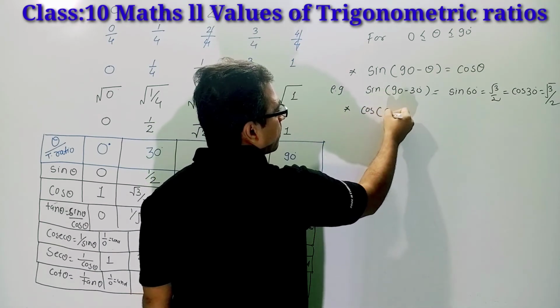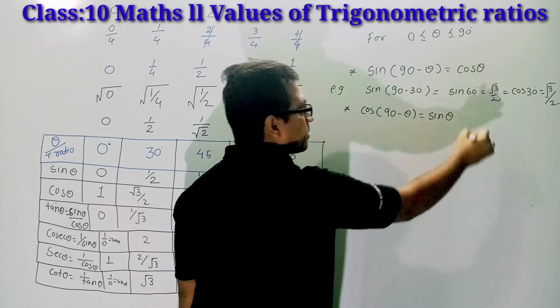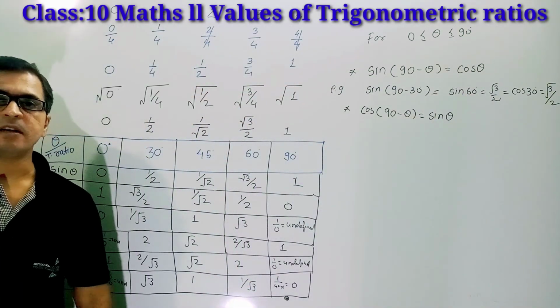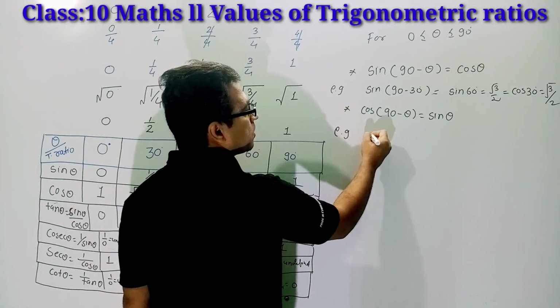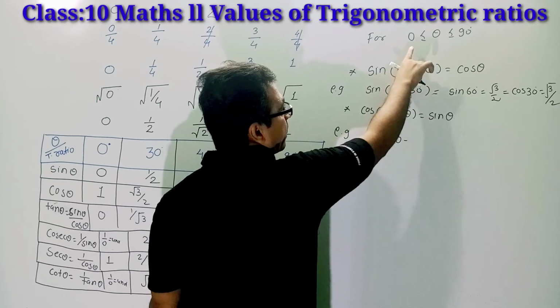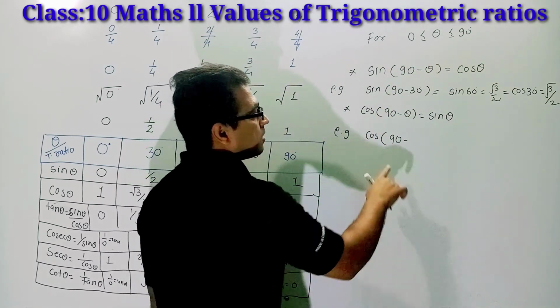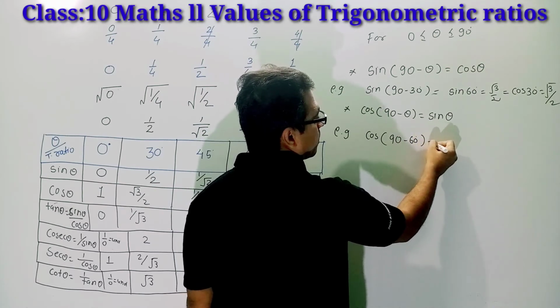Similarly, cos 90 minus theta is always sine theta. For example, suppose I am taking 60 degree.